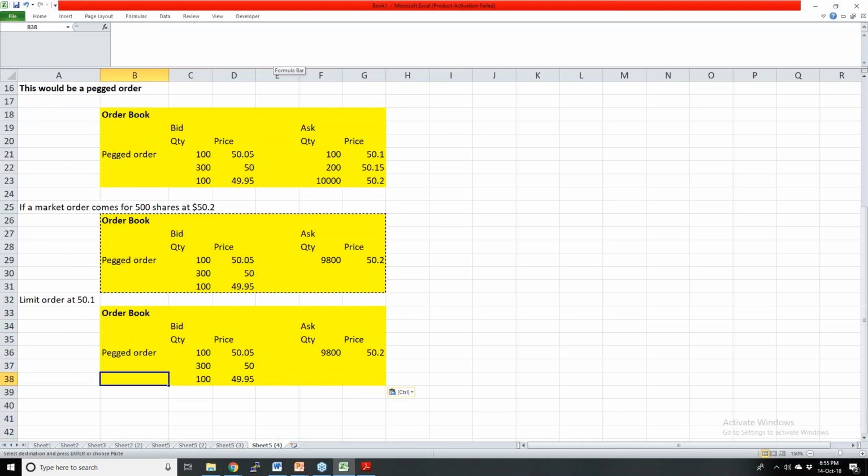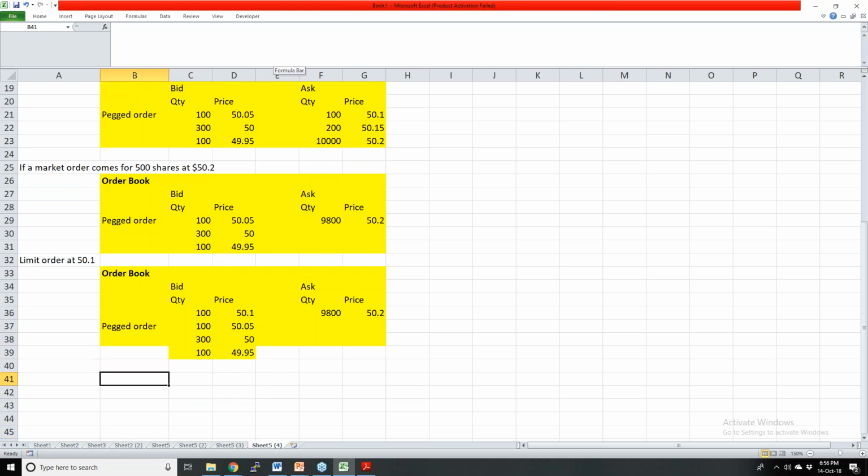Right. So this would shift to 100 at 50.1, and my pegged order would then move right to 50.15, because now the best bid is 50.1.